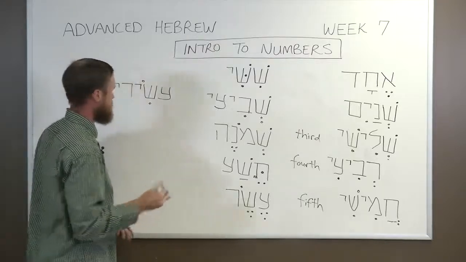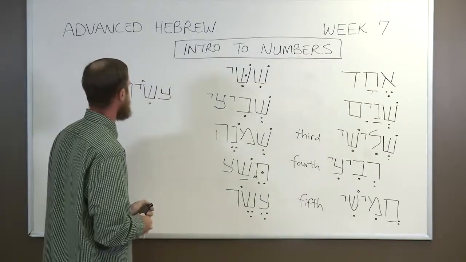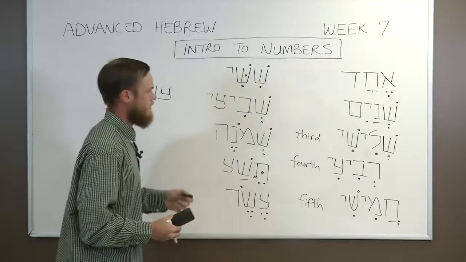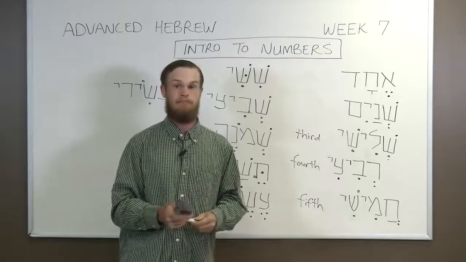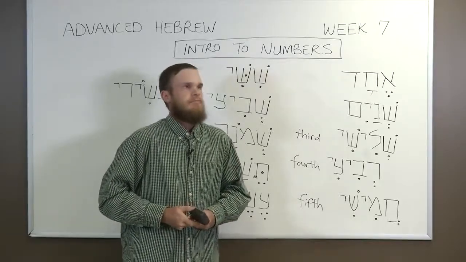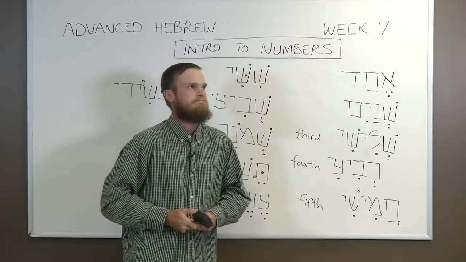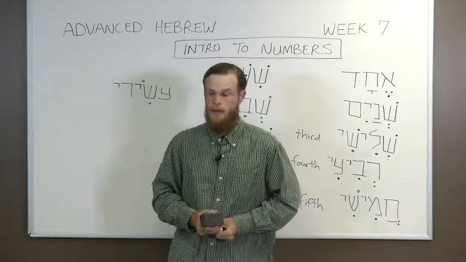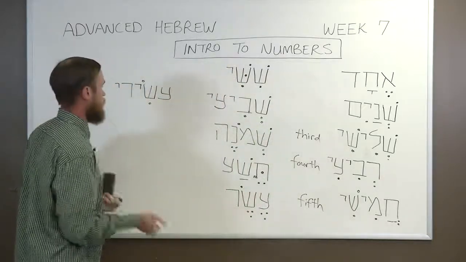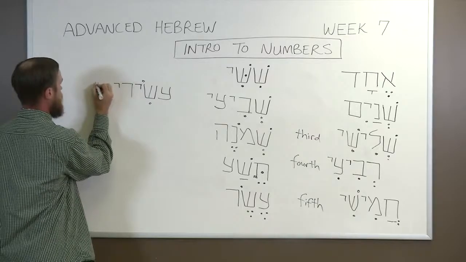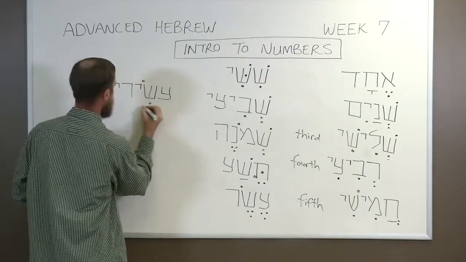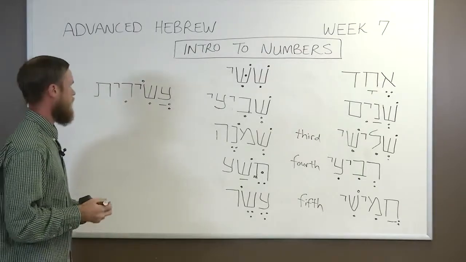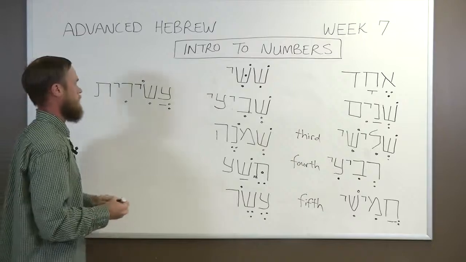If we wish to say a tenth of an omer or some unit of measurement, what we'll do is use an ordinal number to designate that. We'll use the feminine form of an ordinal number. Okay, so asirit. And it's not really a different use of an ordinal number.